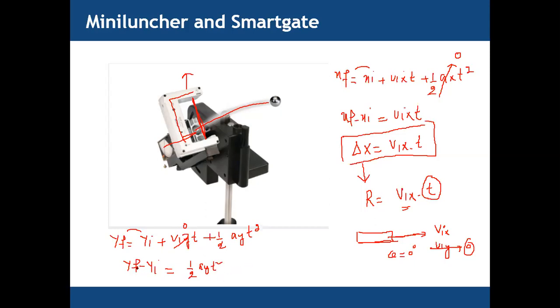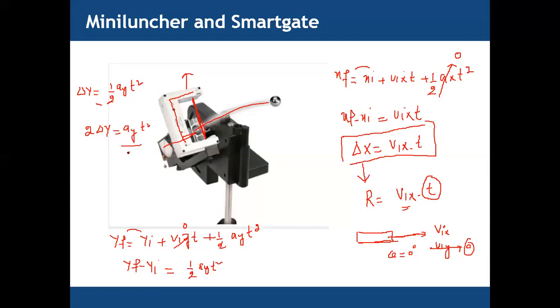This yf minus yi, I will write here, equals the change in y, and we have half Ay into t square. So multiply 2 with the other side, we have 2 delta y equal to Ay into t square. We need to find the t.